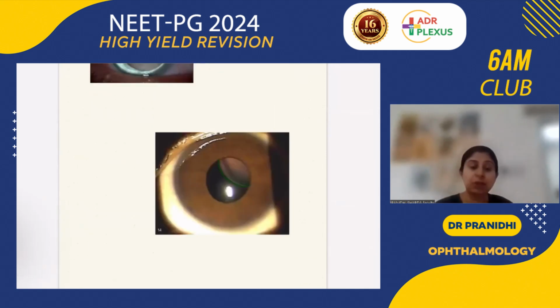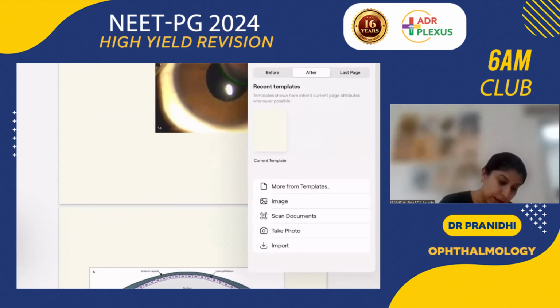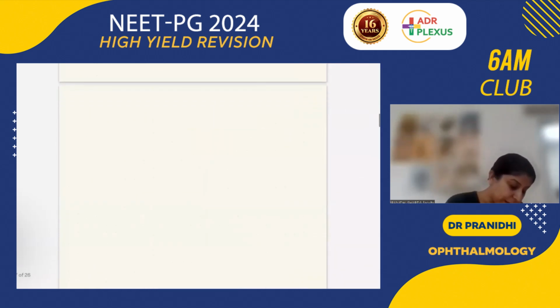In ectopia lentis, I want you to remember three diseases which you must remember. One is Marfan syndrome. Next is homocystinuria. And the third one is Weil-Marchesani syndrome.